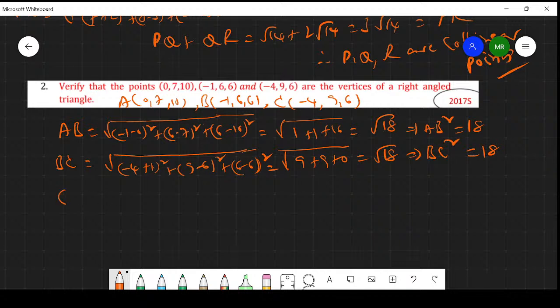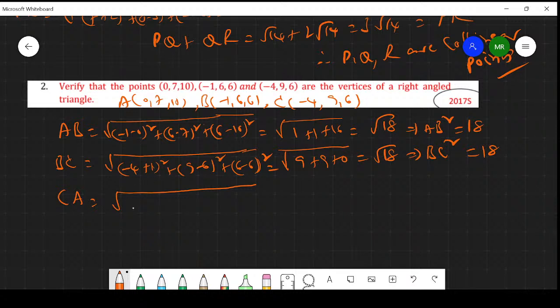Now find CA or AC. When I am finding CA, you can see from C to A. AB, BC, AC or CA you can find, no issue either way.